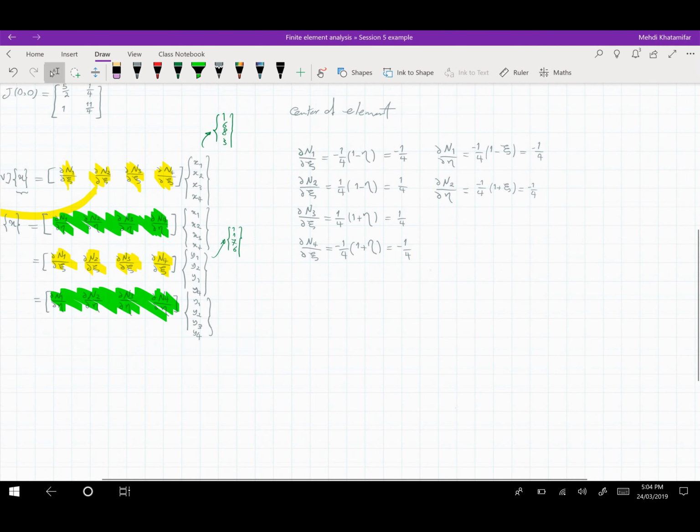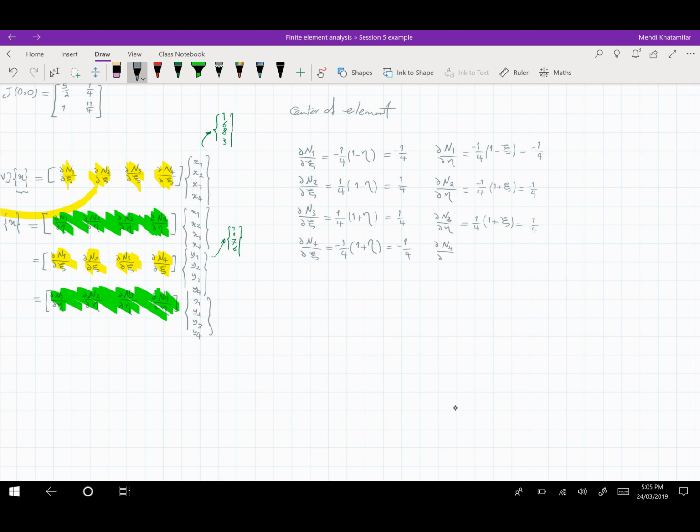And the derivative this time for number 3 over eta is going to be positive 1 over 4 times 1 plus psi, which is positive 1 over 4.